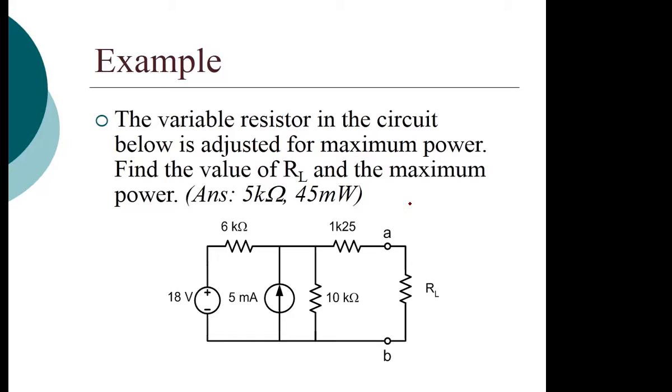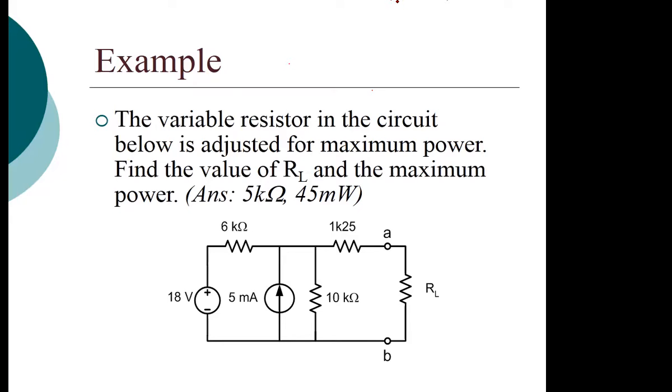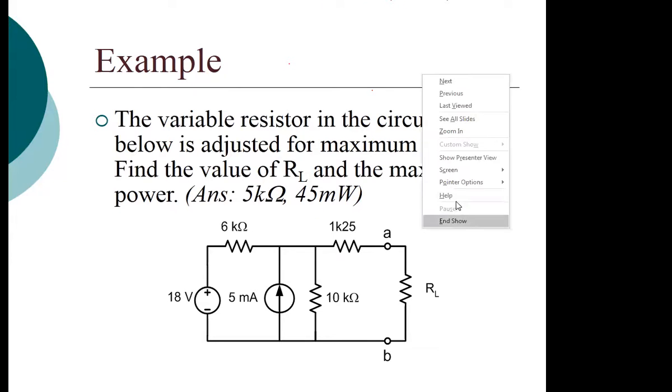Then my new circuit will be 15 over 4 kilo ohms in series with 1.25 kilo ohms. And my terminals A and B, where I've removed my source, will give me R Thevenin. Remember, this will be a bit faster because we did it before. So that is where we are going.